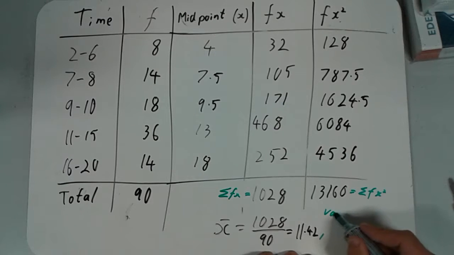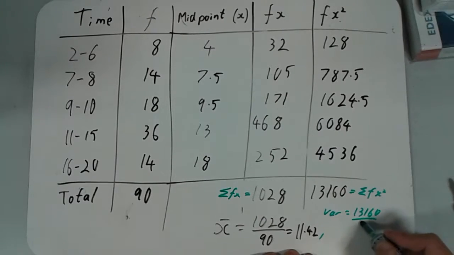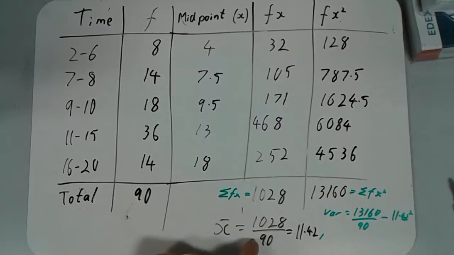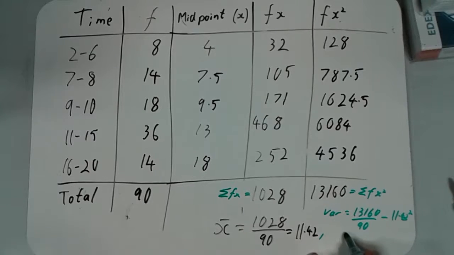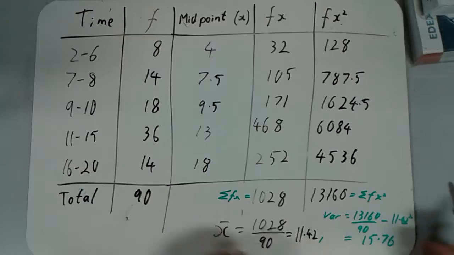The variance is equal to 13160 divided by 90 minus the mean squared. I would recommend that you keep this number exactly stored in your calculator so you don't have rounding errors. Putting that into the calculator, we will get a variance of 15.76.